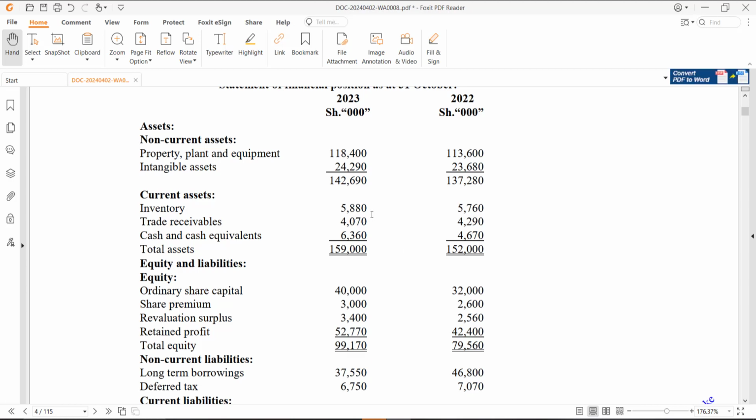So it has increased. Let's record that. Let's also check receivables, from 4,290 to 4,070. So the receivables have actually reduced. This means they paid, so we are going to add it back.